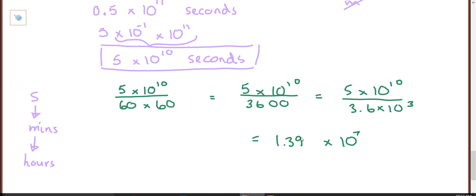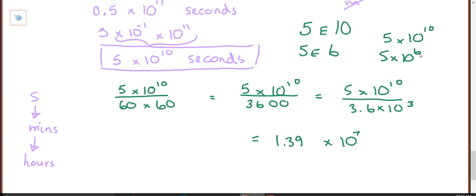What's an E? That's a good point actually. If your calculator says this, what that means is 5 times 10 to the power of 10. 5e6 means 5 times 10 to the power of 6. This is notation that the calculator uses, but you should never write that down.